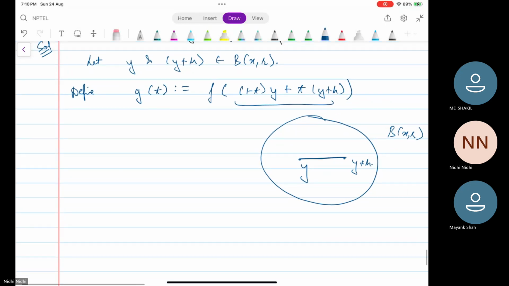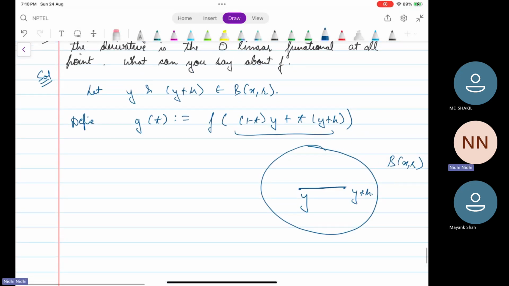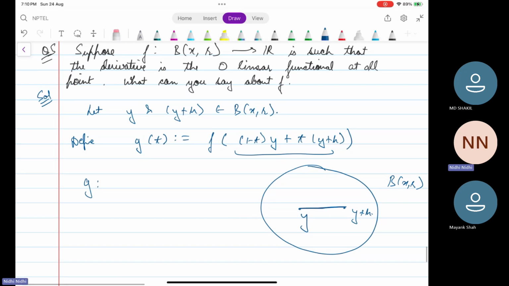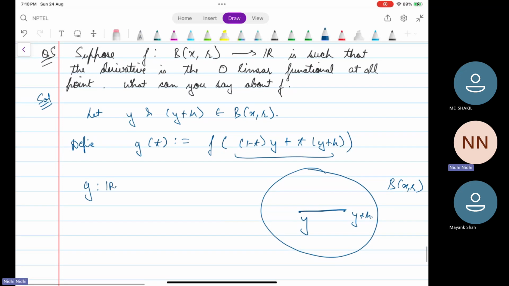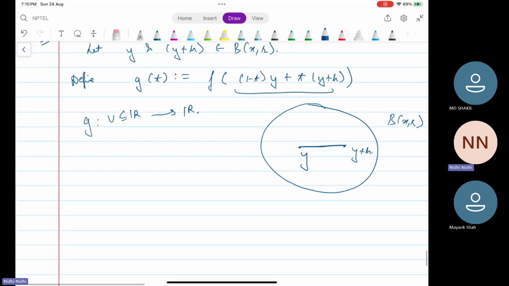So now g is a real valued function whose domain is a subset of R, need not be the whole of R. So here we can apply the mean value theorem.